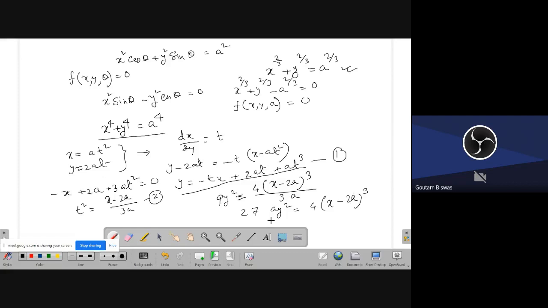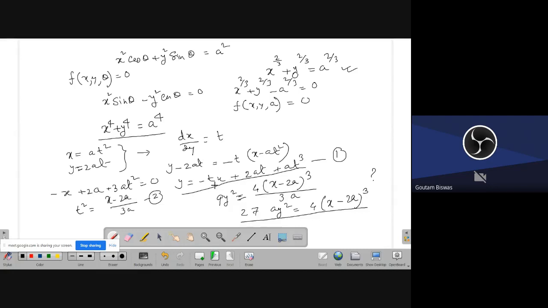Now here, is that curve the envelope? The question comes. Now see, here we have found dx/dy, then we found the equation of the normal at the point t, that is (at^2, 2at).